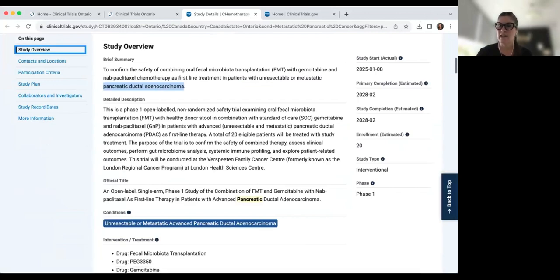This is an interesting type of science. This is where they're looking to study oral fecal microbiota transplantation with gemcitabine and nab-paclitaxel chemotherapy as first-line treatment.